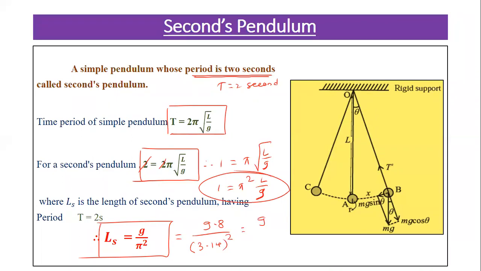So 9.8 divided by 3.14 square is, I think, 9.84... so it is coming 0.99 meter, which means approximately 1 meter. So simply you can remember here, if the length of the simple pendulum is 1 meter, then we get a period of about 2 seconds.